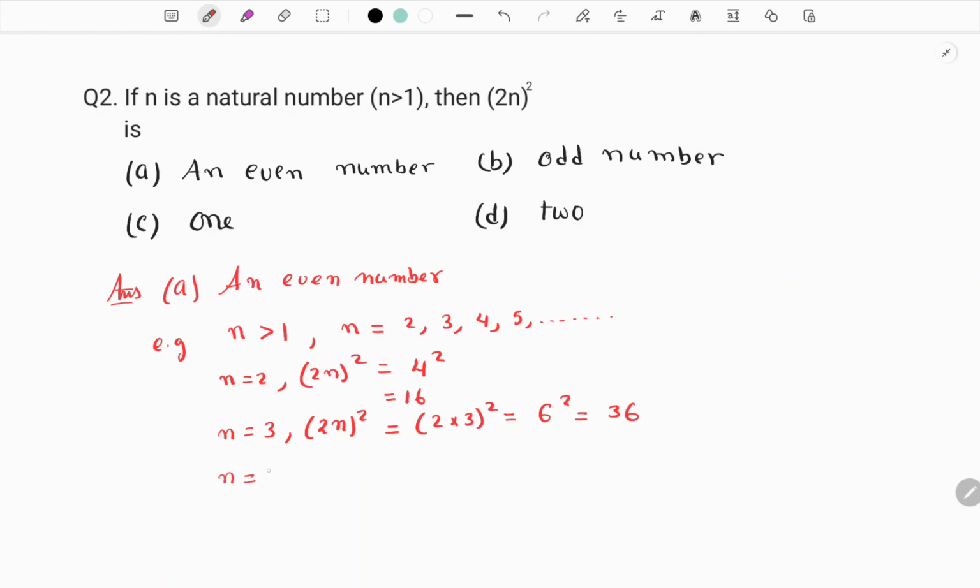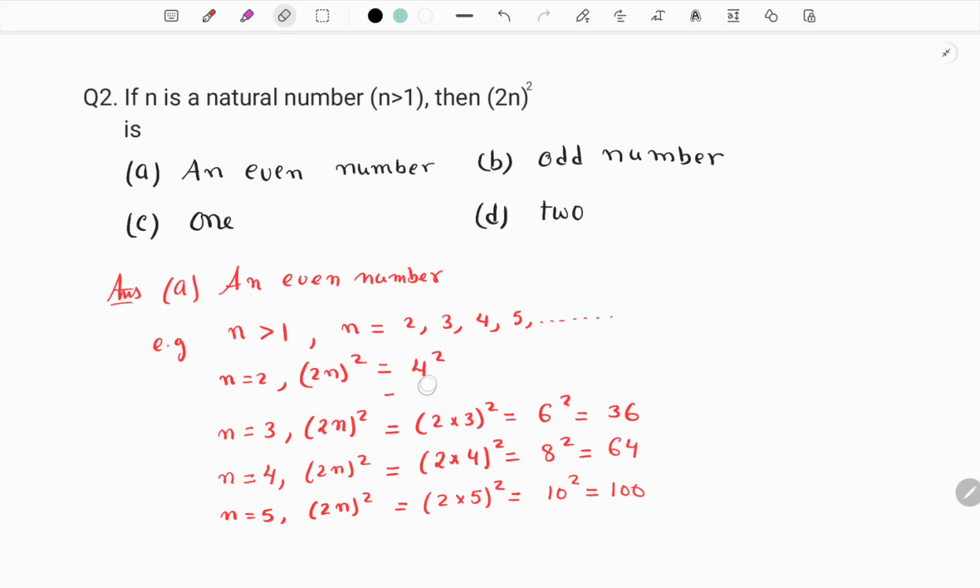So when n is equal to 4, so (2n) whole square, this one can be written as (2 into 4) whole square. 2 into 4 is 8. So 8 square, this one is 64. When n is equal to 5, then (2 into n) whole square, which is equal to (2 into 5) whole square. 2 into 5 is 10, so 10 square is 100.